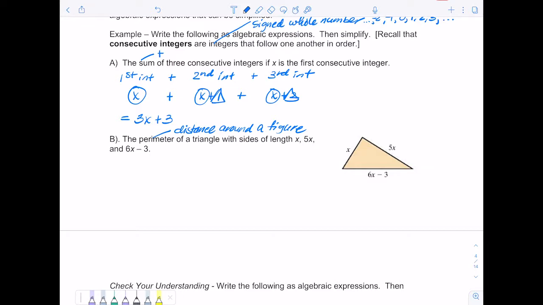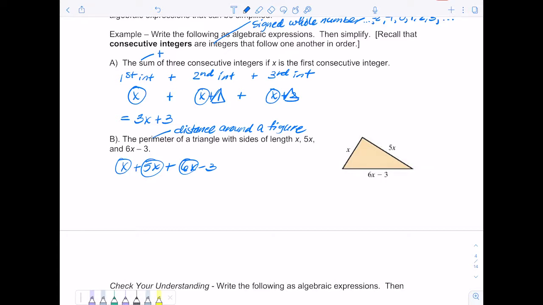If I want to find the distance around that triangle, I would need to take each of those lengths, and again, I'm going to find their sum. I'm going to add them. So to get the perimeter, I'm going to have x plus 5x plus 6x minus 3. To simplify, I'm going to combine my like terms. If I scan that really quick, I see I have a bunch of x's: x, 5x, and 6x.